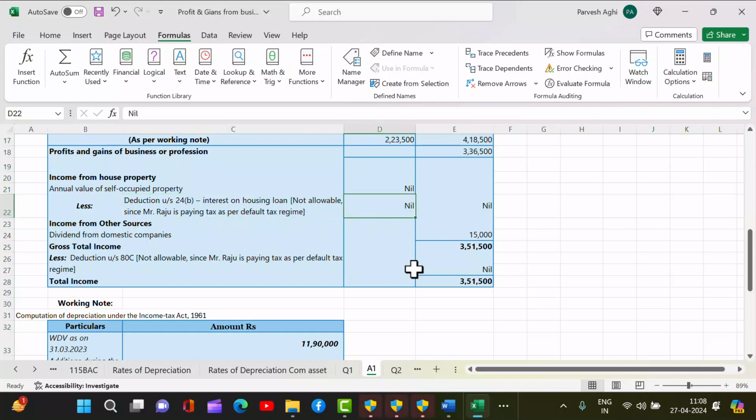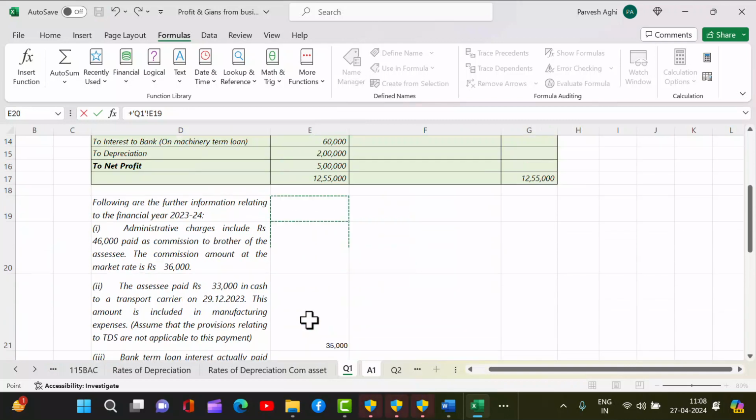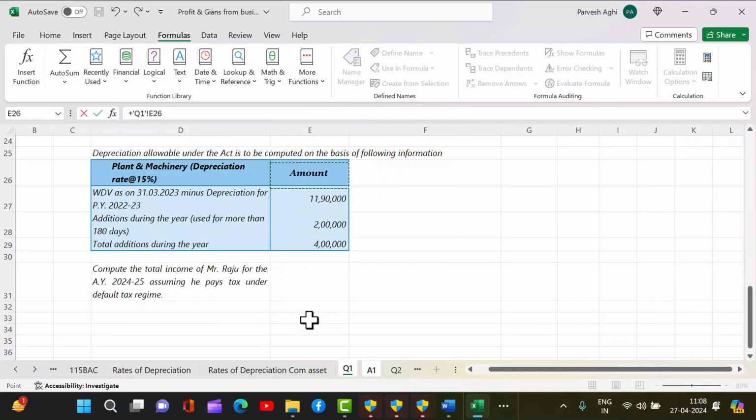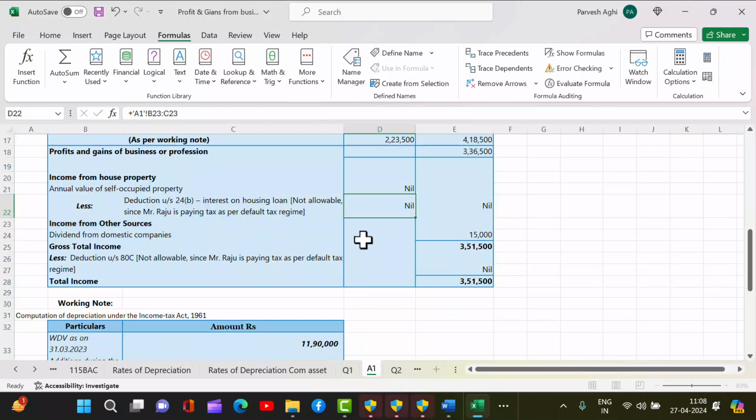Suppose he would have chosen not the default regime, then this figure should have been replaced with the amount given in the question. अगर वो डिफॉल्ट regime में नहीं है, then he can claim this 23,000 as interest. Since he is using the default regime, this will not be there.